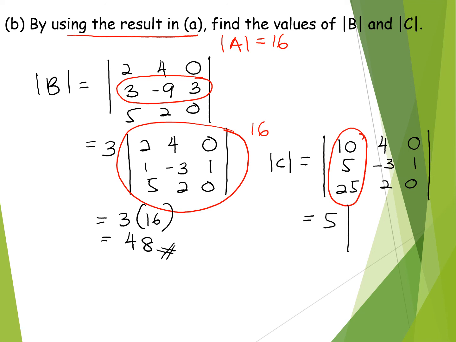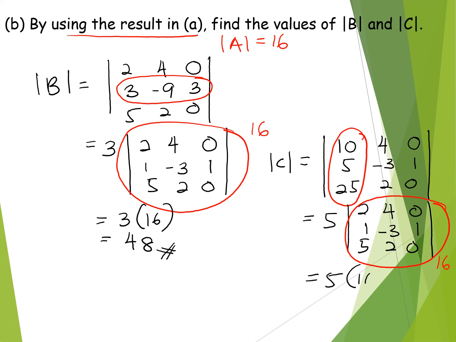The first column becomes, sorry, not 5, but 2, 1, 5, and the rest are the same, 4, 0, -3, 1, 2, 0. And this is also determinant A. The answer is 16. So this is equal to 5 times 16, and the answer is 80.